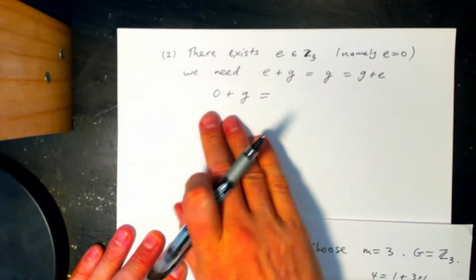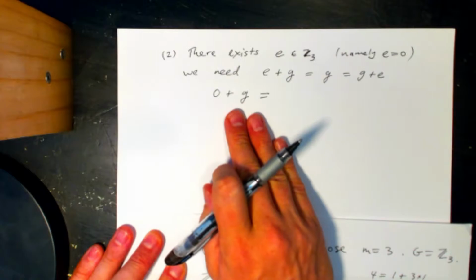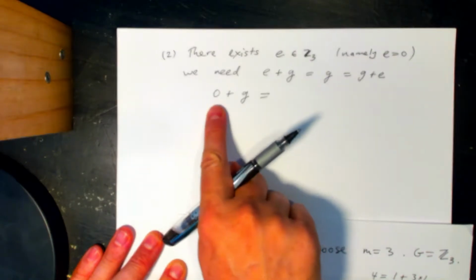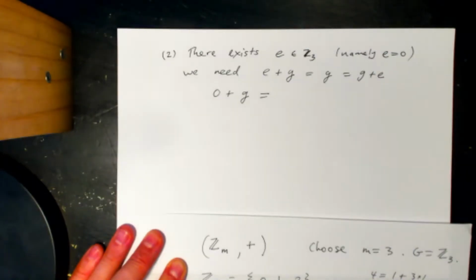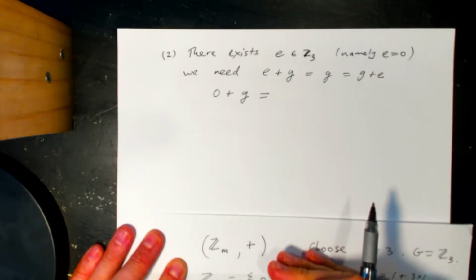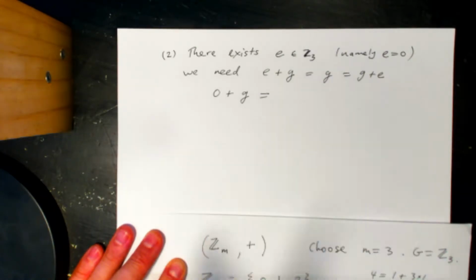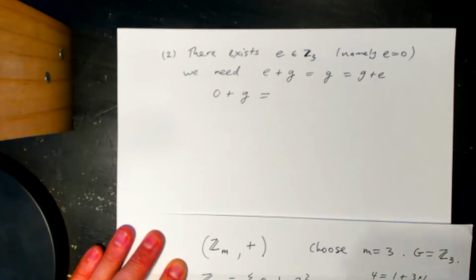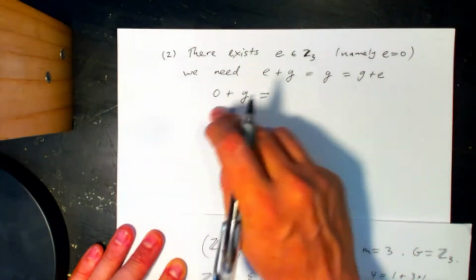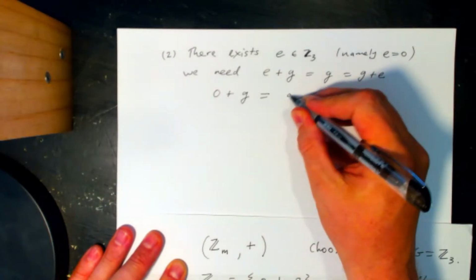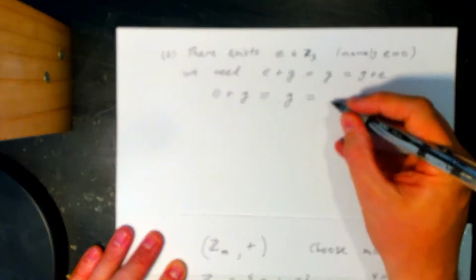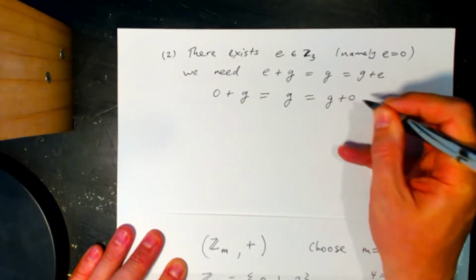right? If we think of this just in terms of integers, where these two are integers, then we have this property inherited from that set, together with addition in integers. So the sum of 0 and any integer would just give us g, and it's the same the other way around. That's g plus 0.